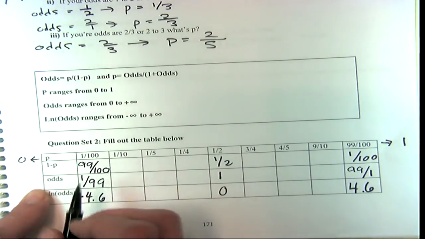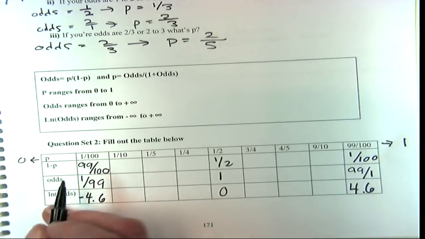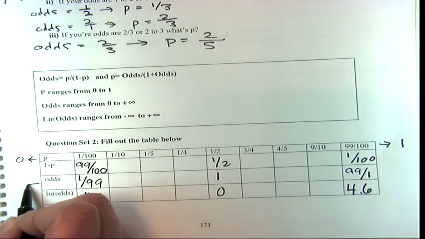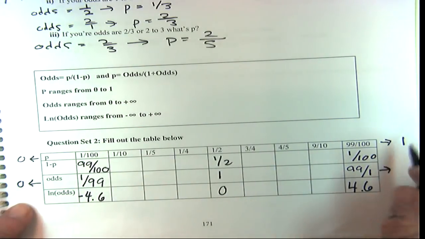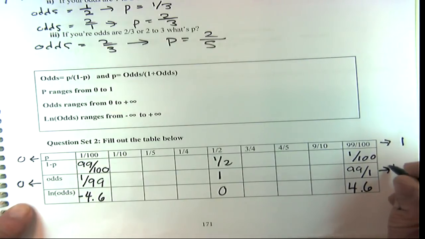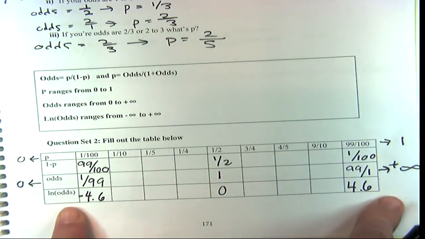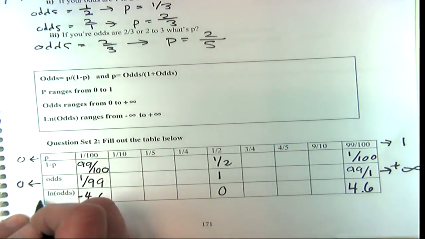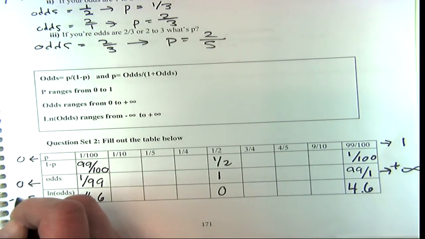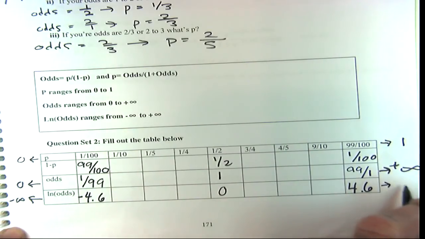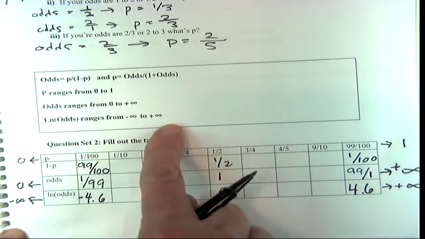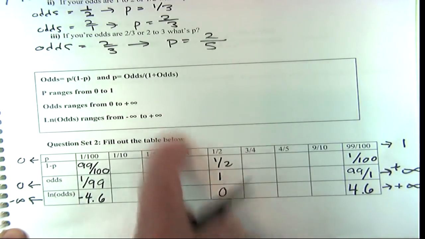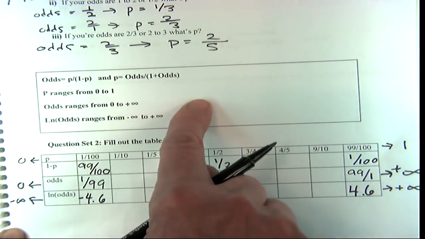Now the odds, you can see I can get smaller and smaller and smaller, and it will go all the way down to 0, or all the way up to positive infinity, and that's the exponential curve. And you can see the log odds can go all the way down to negative infinity and all the way up to positive infinity. And that's what we have here. Okay? That's exactly what we're saying here.